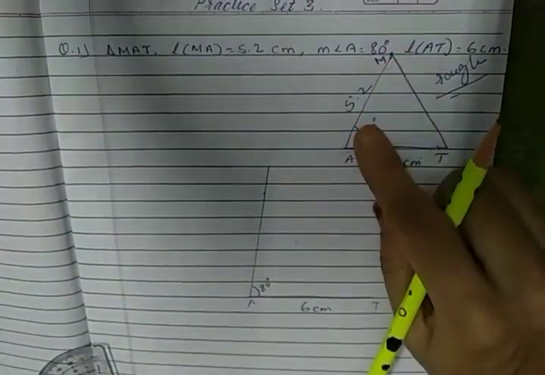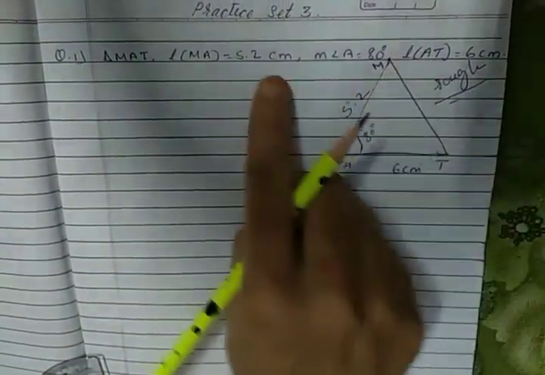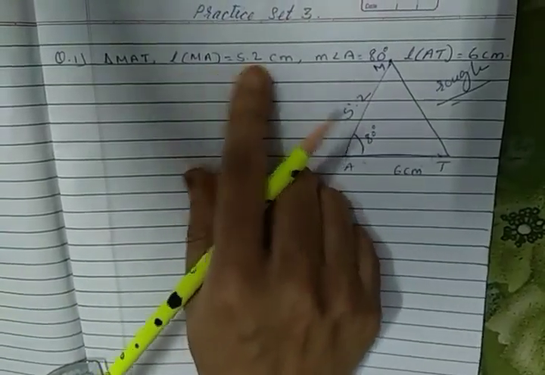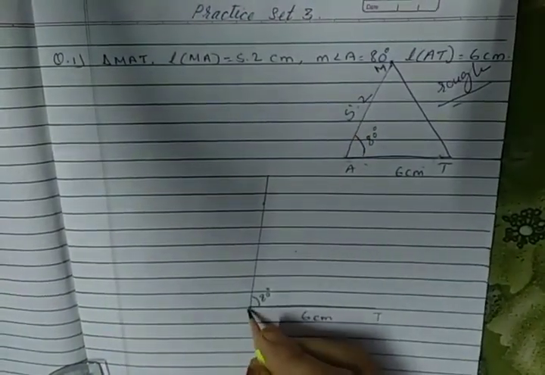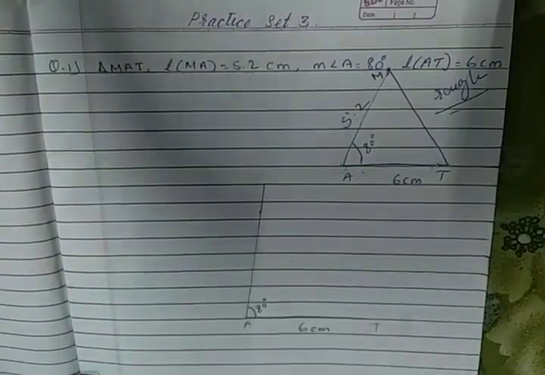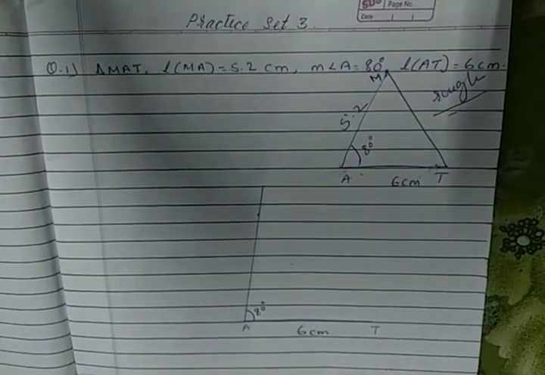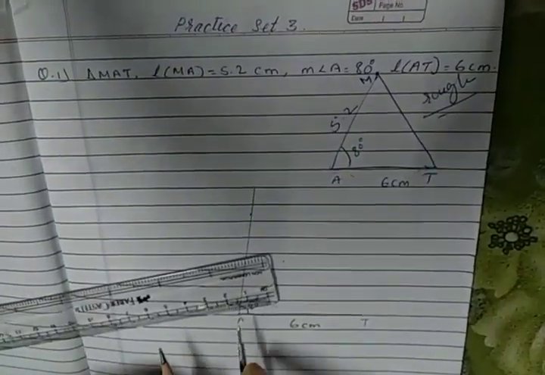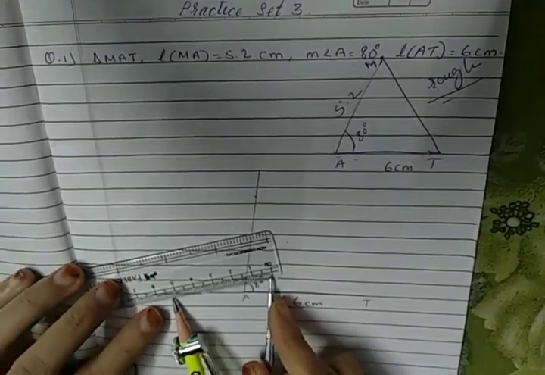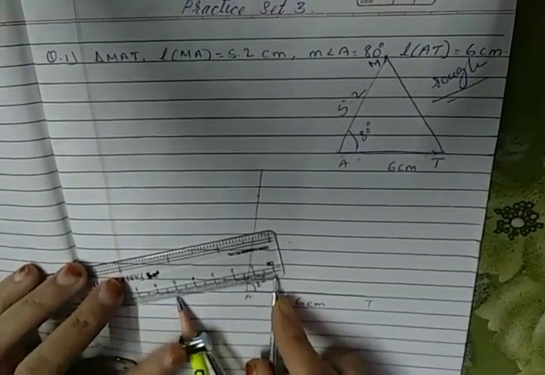Now we have to make MA, 5.2 centimeter, which is given in the question. MA 5.2 centimeter means from A to here we have to make one arc. Now measure the 5.2 centimeter in this compass.